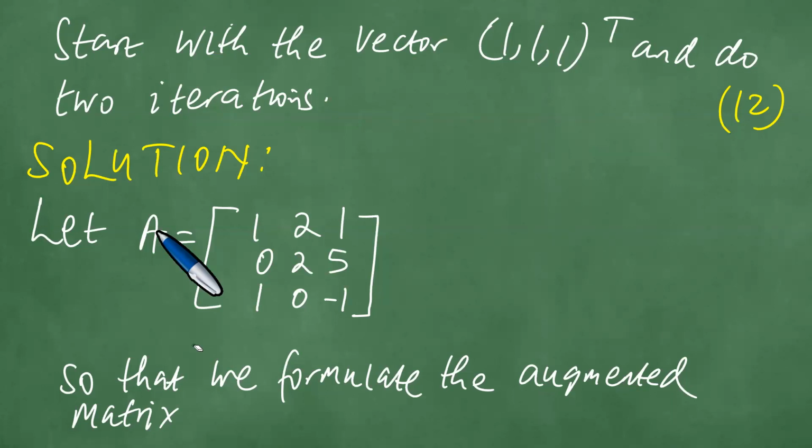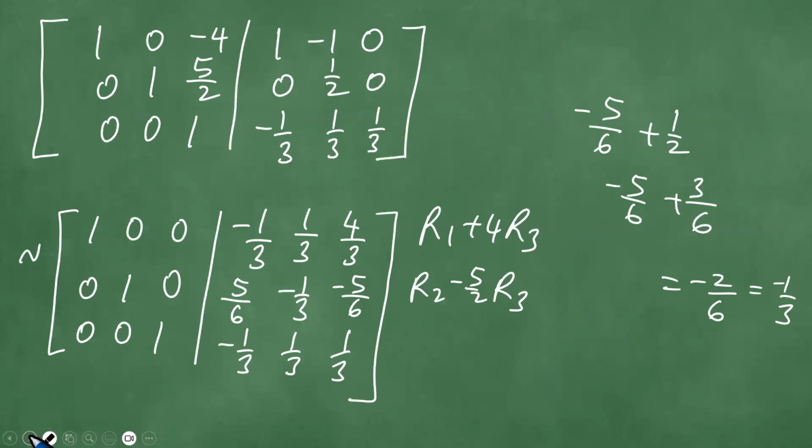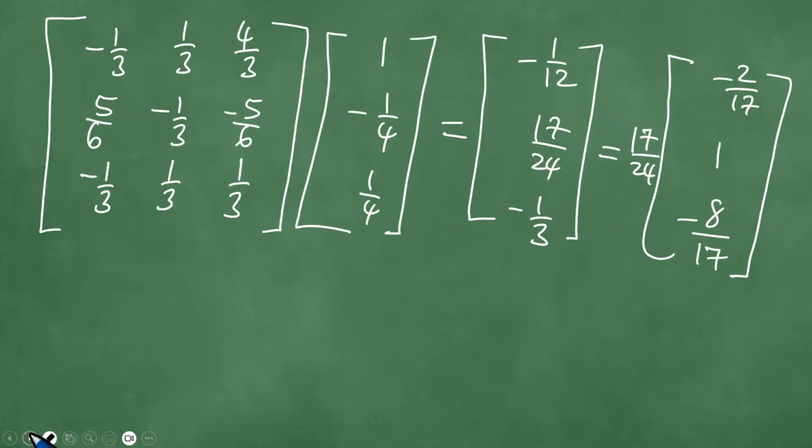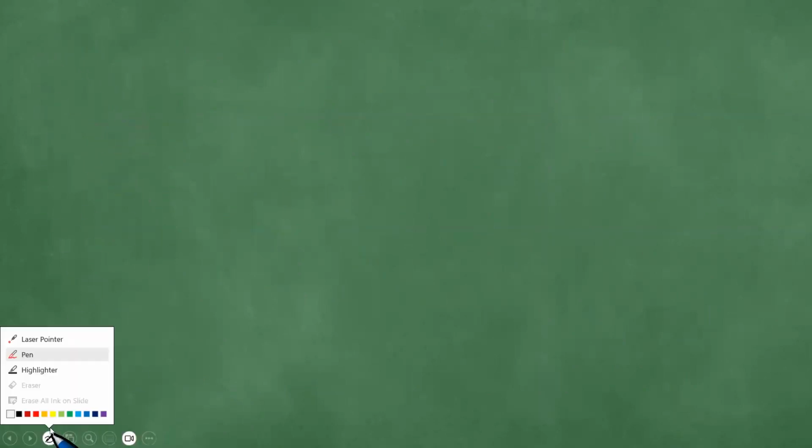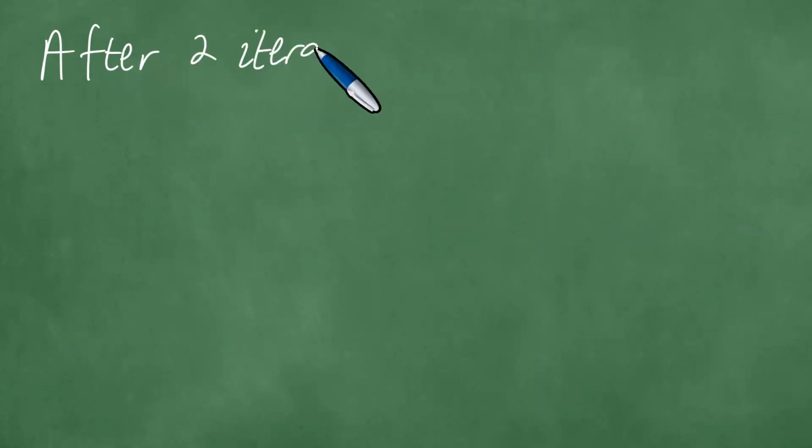So after 2 iterations, we make an observation.